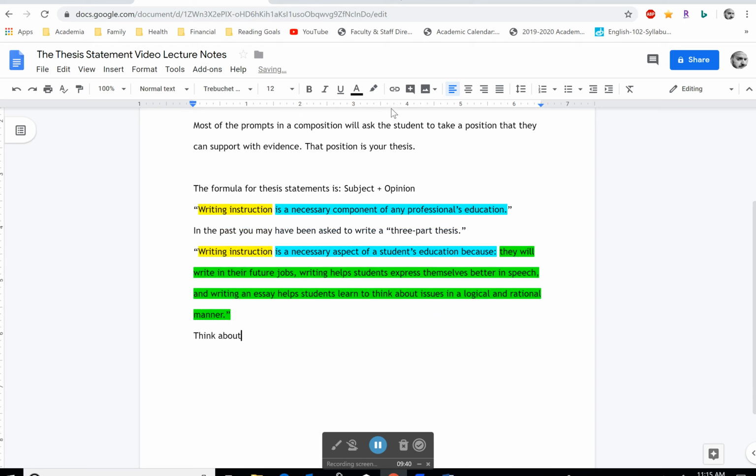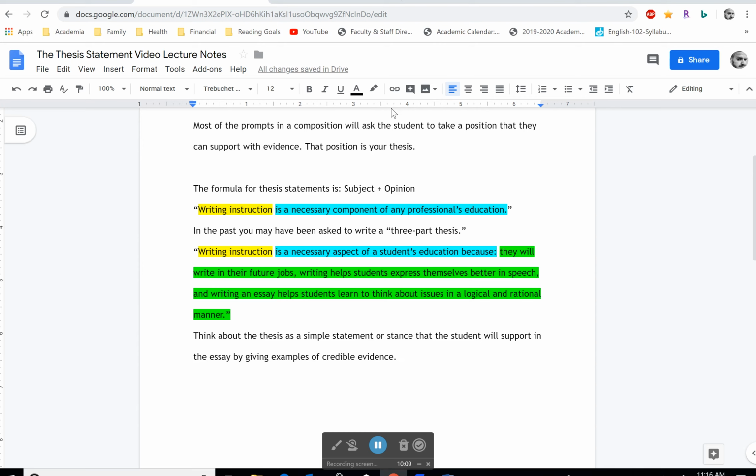Think about the thesis as a simple statement or stance that the student will support in the essay by giving examples of credible evidence.